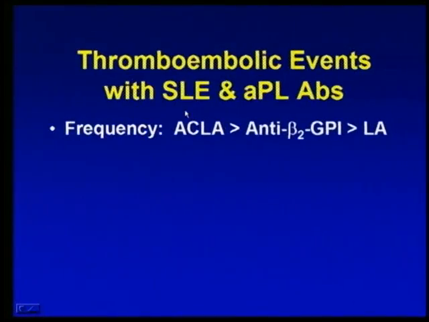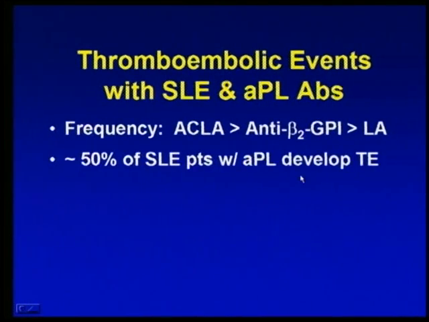So to kind of summarize the story, at least in patients with systemic lupus and antiphospholipid antibodies, as the data I've shown you reinforces, it's common to find anticardiolipin antibodies, less common to find the anti-beta-2 glycoprotein 1, and less frequent the lupus anticoagulant antibodies. Many studies have now shown that if you've got lupus and you have these antibodies and they persist, that about 50% of those patients will eventually develop a thromboembolic event.